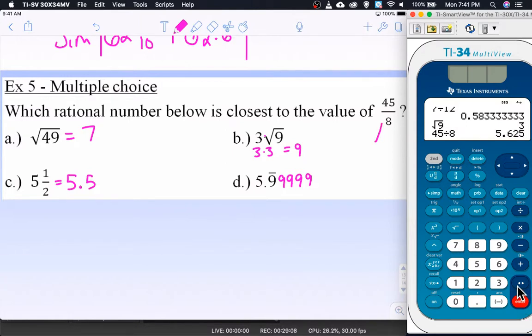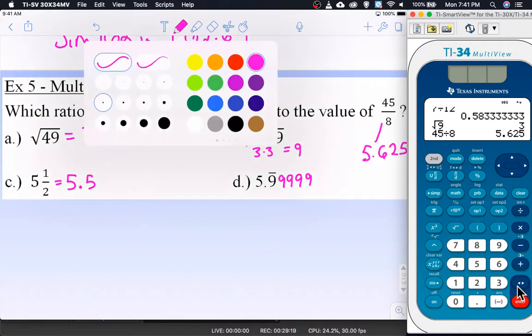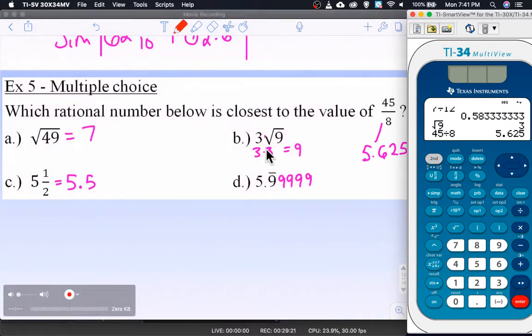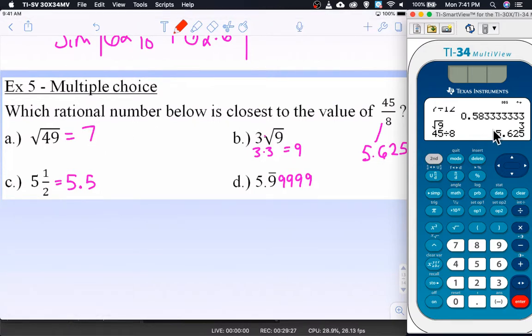That is 5.625. So I think we can all agree that letters A and B are very wrong, because the 5.9 or 5.5 will definitely be closer than 7 or 9. So it's definitely not letter A, it's definitely not letter B. But how do we figure out which one's closer?